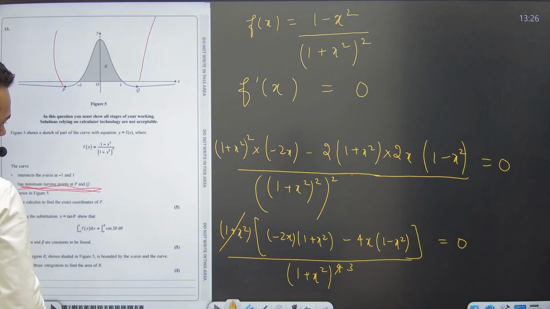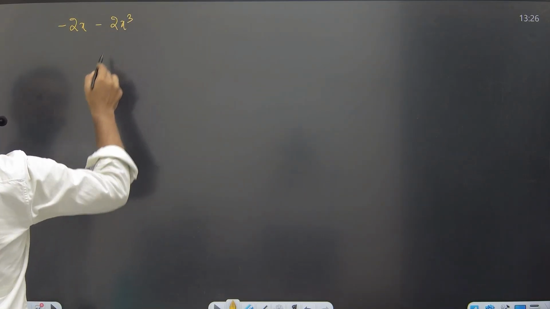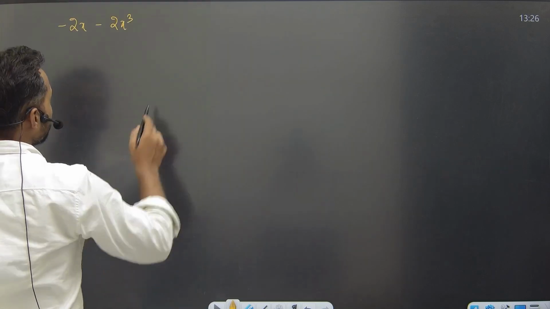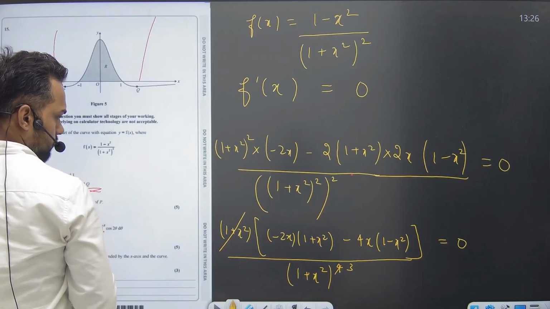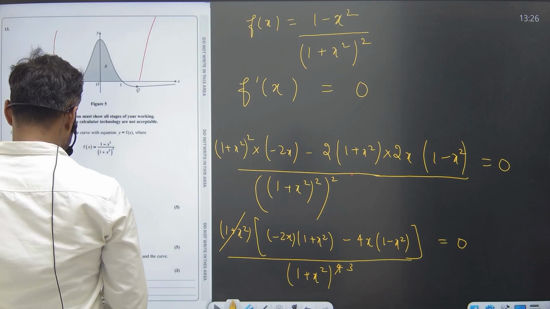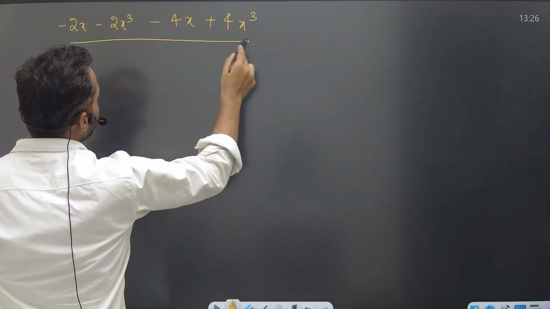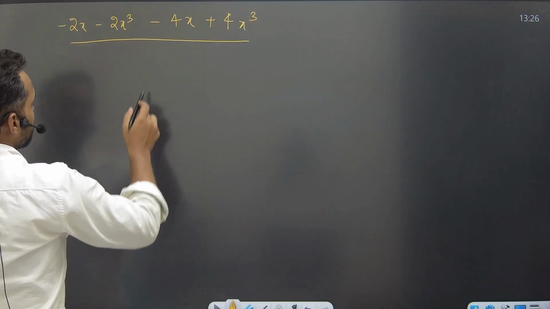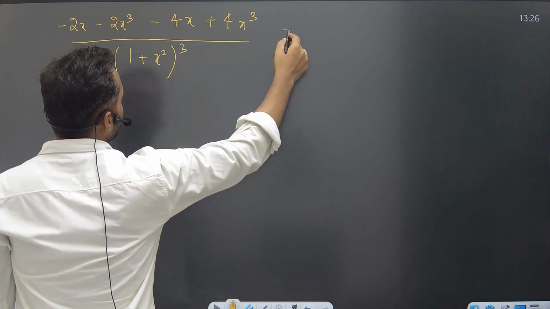Negative 2x cubed, minus 4x, plus 4x cubed, upon (1 plus x squared) raised to the power 3 equals 0.